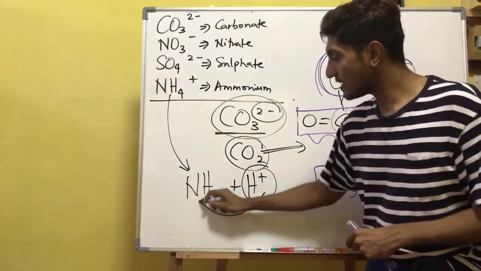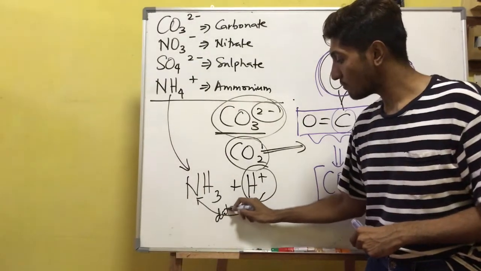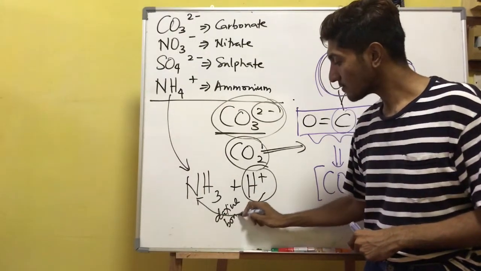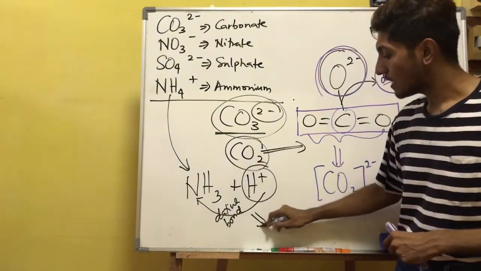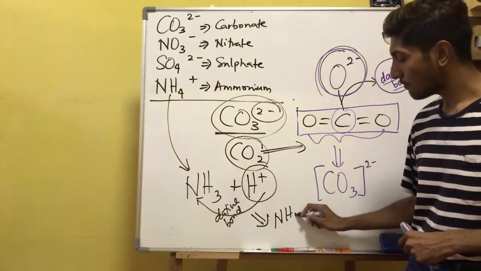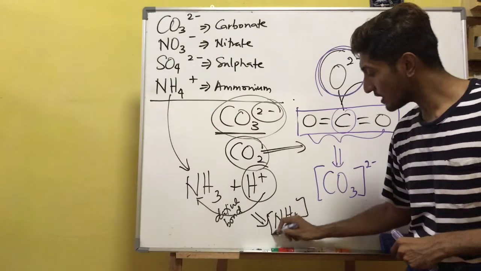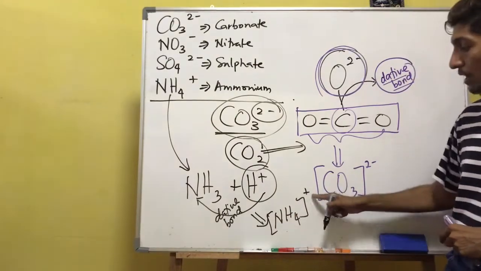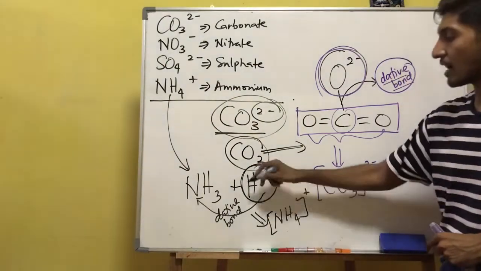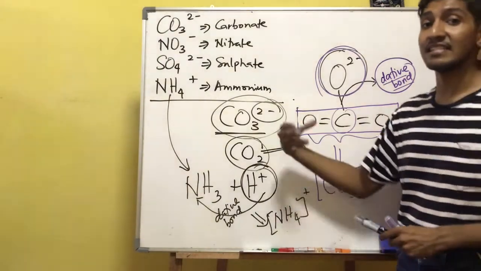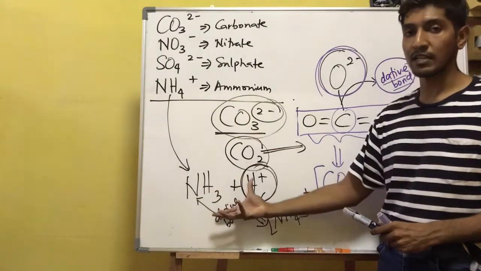So this is added in here through dative bond as well, which would give you NH4, but then the whole thing would be positive 1 because of the charge from the hydrogen ion that is datively bonded to the ammonia.